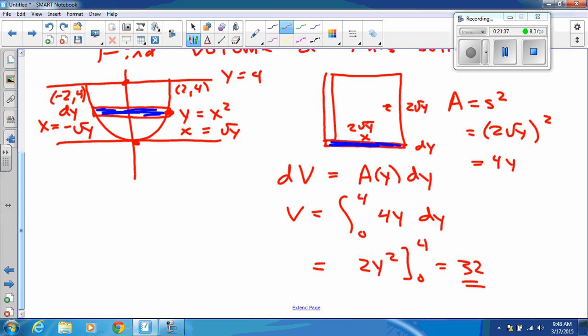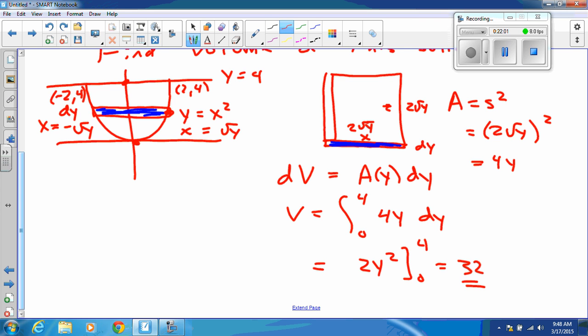Yes, sir. Why is that 2 root y? Ah, because it is the distance from here to here. And so for any y, since y is x squared, x is root y. And the distance from here to here is that x coordinate minus that x coordinate, which is root y minus negative root y. How about z?